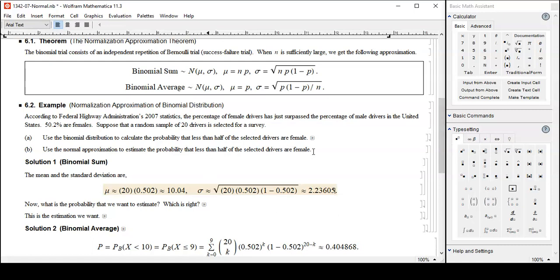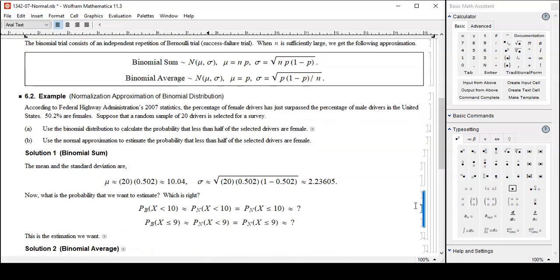Now, less than half of the selected drivers out of a total of 20 drivers. So less than 10 drivers, and approximate like this. Or less than or equal to 9 drivers, and approximate like this, which is right. So less than 10 drivers versus less than or equal to 9 drivers, they're supposed to be the same.